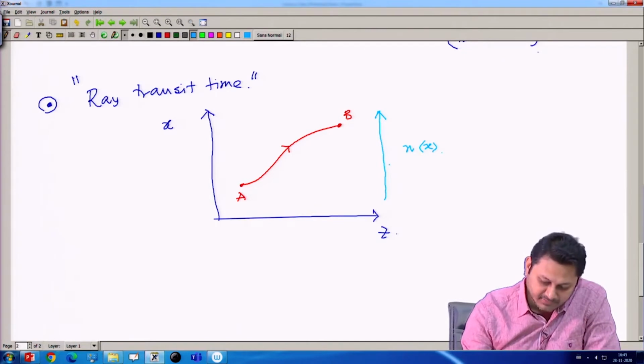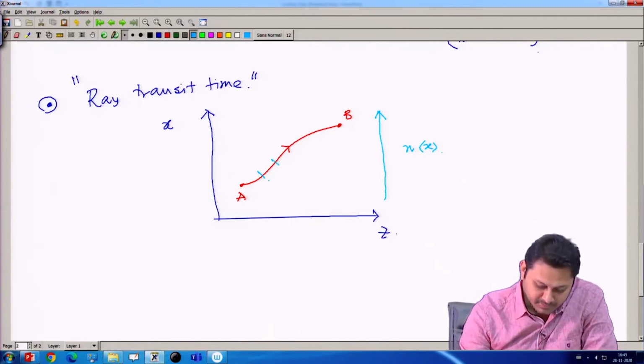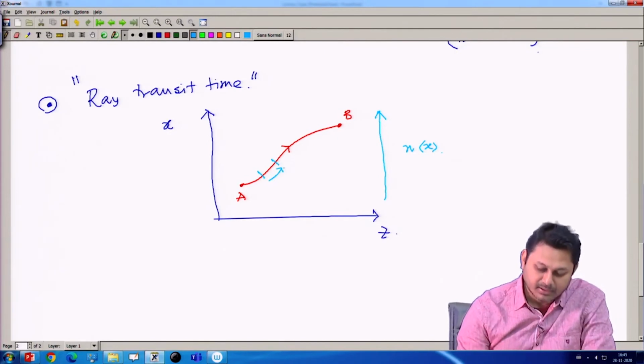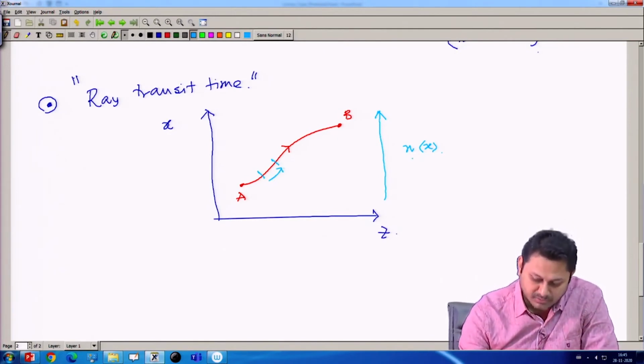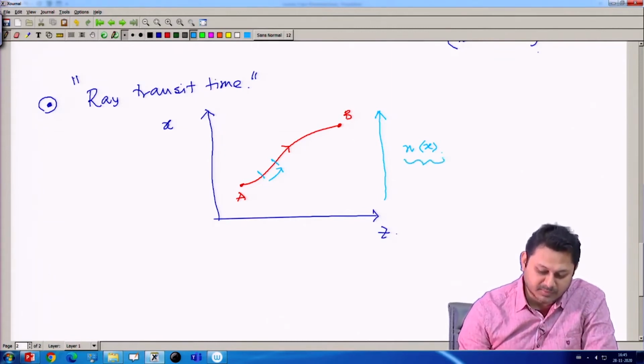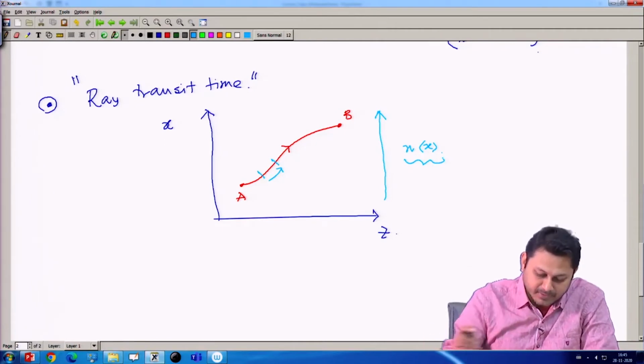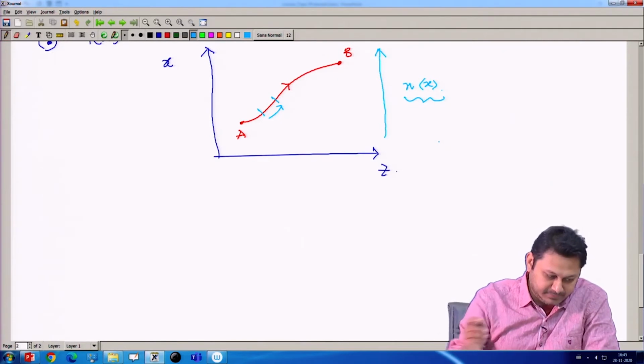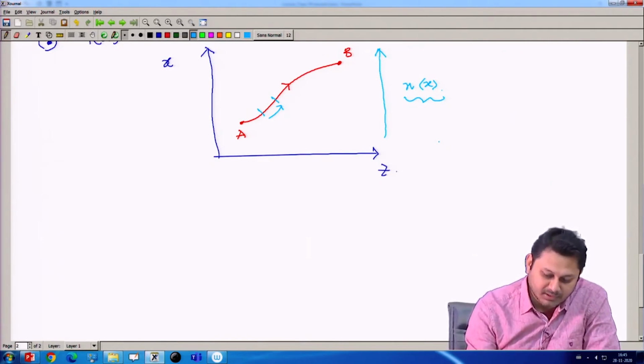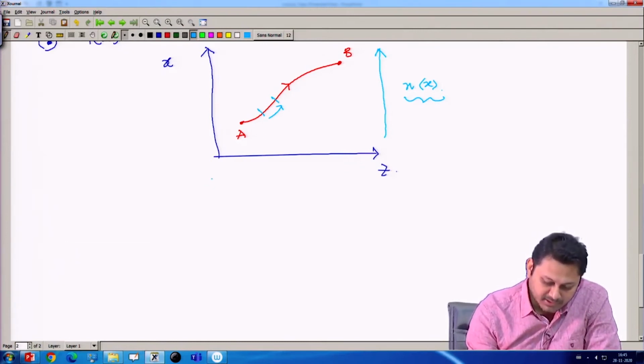So, if the refractive index constantly varies, then at a small distance the time taken can be calculated using the value of n of x, because this value is constantly changing. So, delta t will be calculated using the small distance divided by the velocity, and this velocity we know is c divided by n.